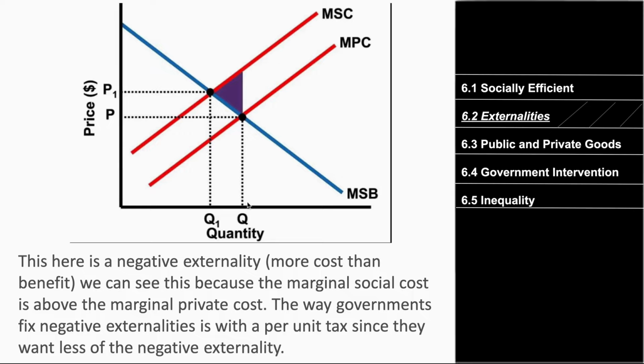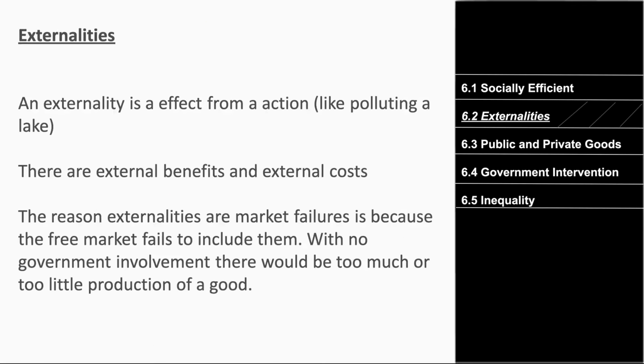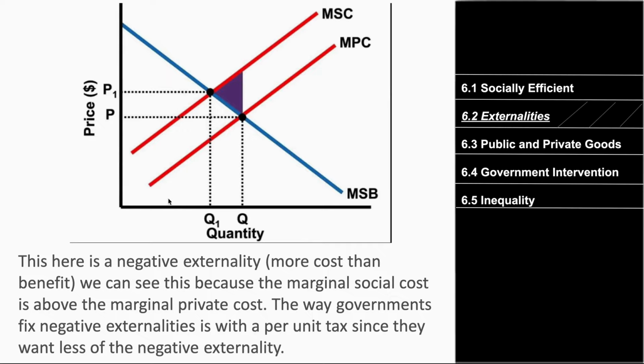For a negative externality graph, and here's a graph, remember marginal benefit, marginal cost graph, we're going to be expanding on that here. On the x-axis is quantity, y-axis is price. This time you're graphing marginal social benefit, marginal private cost, and marginal social cost. To determine if it's a negative or positive externality, you have to look at the marginal social cost and marginal private cost.